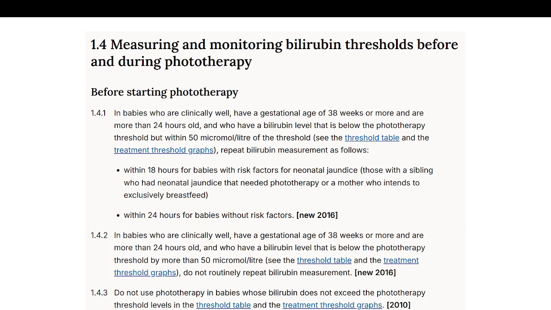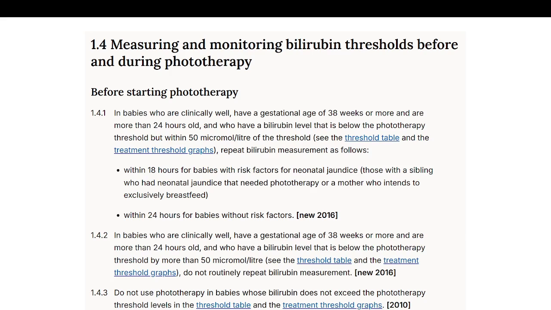In babies that are clinically well, over 38 weeks gestation, more than 24 hours old, and more than 50 micromole per litre underneath the phototherapy threshold, you don't routinely need to repeat a bilirubin measurement.